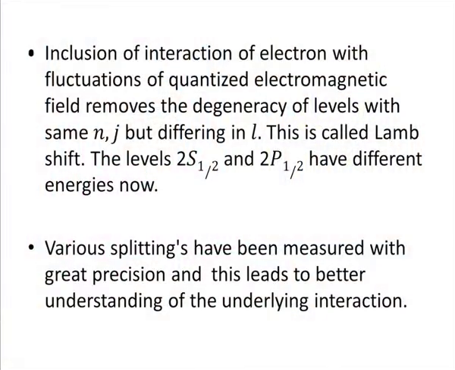Now, inclusion of interaction of electrons with fluctuating quantized electromagnetic field removes the degeneracy of levels with the same n and j, but differing in L, and this is called Lamb shift. So, the levels 2s1/2 and 2p1/2 have different energies now.